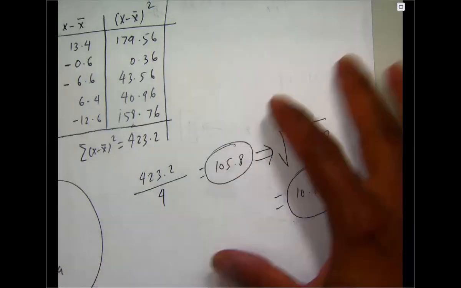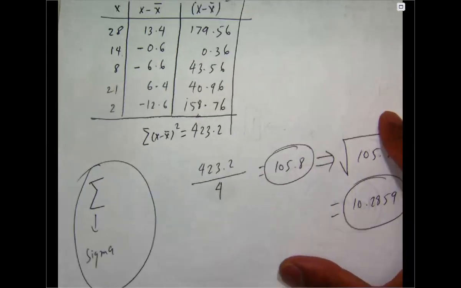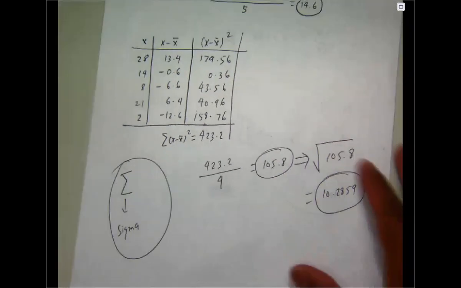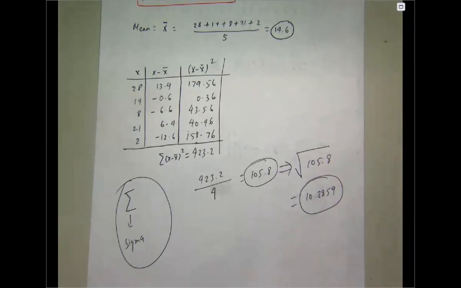But that's your standard deviation. So the meaning of standard deviation for this problem is, look here. This is your data, 28, 14, 8, 21, 2. The average is 14.6. On average, most of this data are 10.2859 units far from the average.